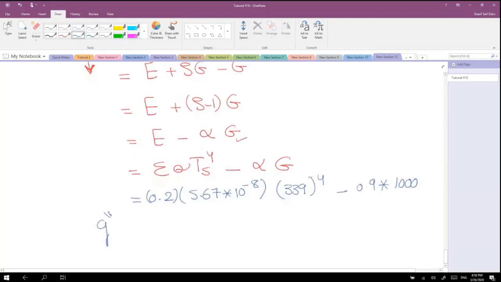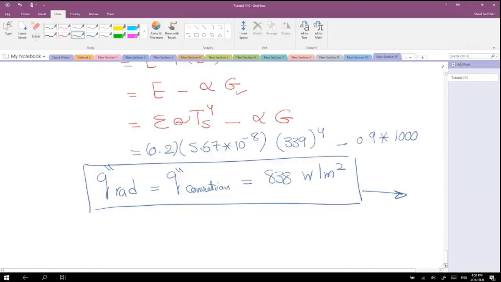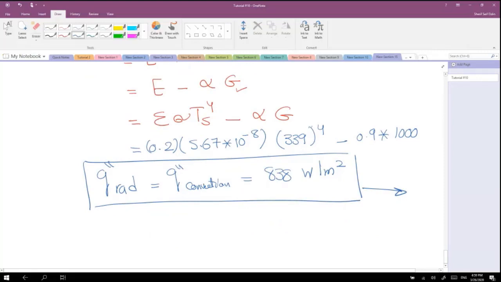From here, you're going to get Q double dash radiation, which is basically the same as Q double dash convection, but you have to double check that both of them are the same. That was 838 watt per meter square. So double check that both are the same.